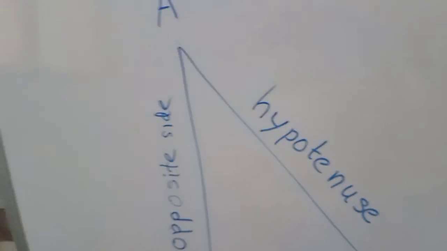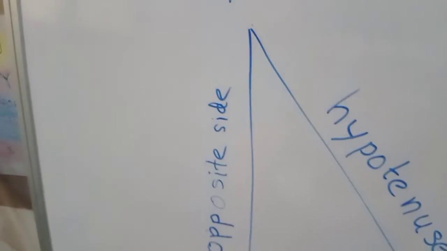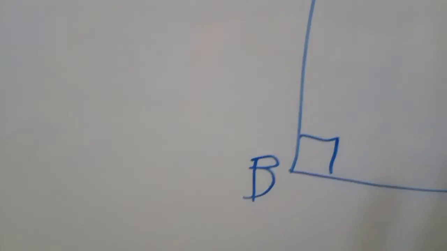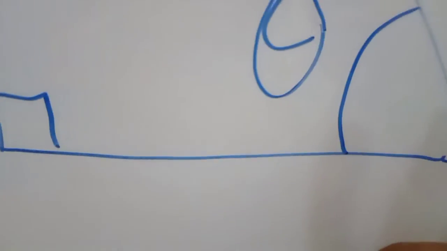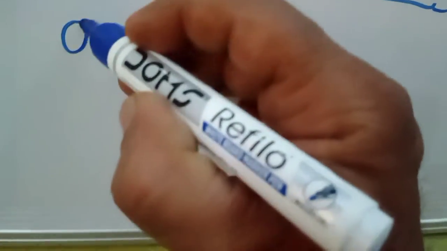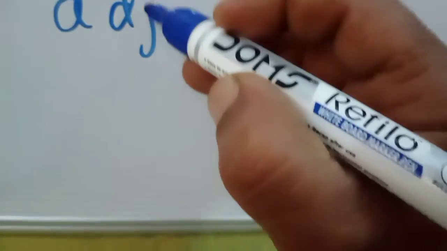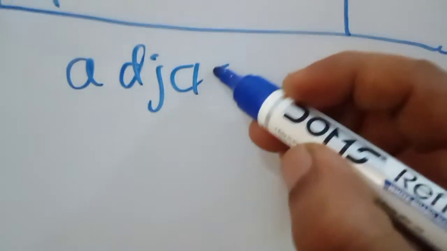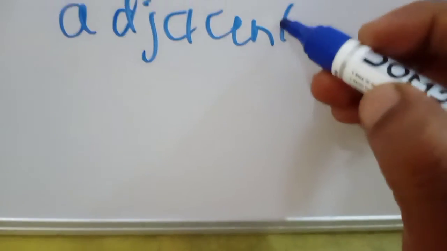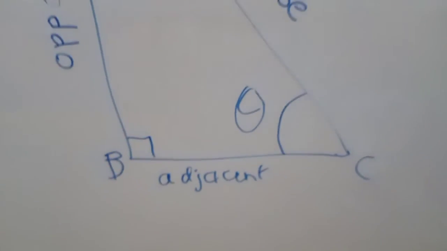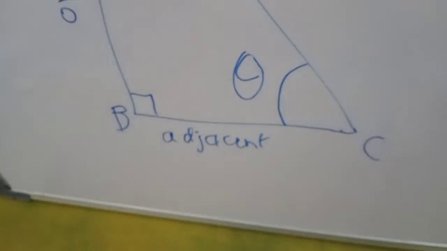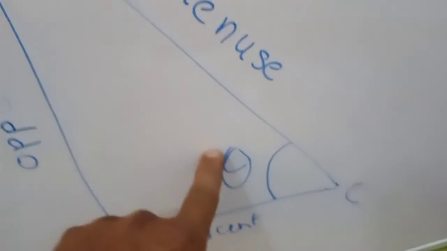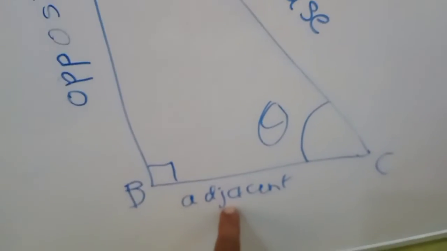Then I will define BC, the side very next to this angle, as the adjacent side. Adjacent side BC, which is very next to the angle theta, is called adjacent side.